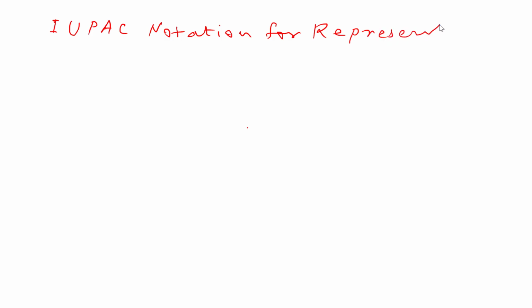Okay, now we are taking the next point. Next point is IUPAC notation for representation of a cell, representation of an electrochemical cell, or we can say galvanic cell.